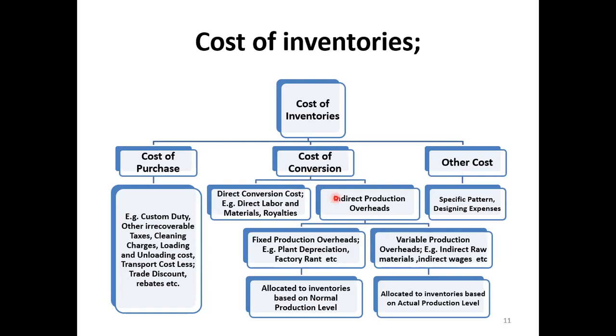So the cost of conversion has two kinds of cost: direct conversion cost, such as direct labor, direct material, royalties. These are the directly traceable costs. And indirect overhead cost, which can be divided further into fixed production overhead, such as plant depreciation, factory rent, factory supervisor and related costs. These are allocated to inventories based on normal production level.